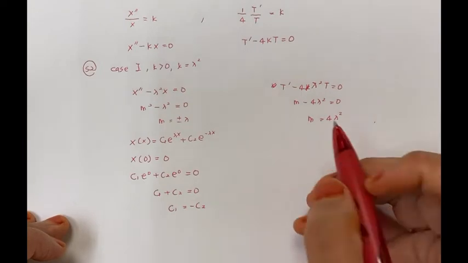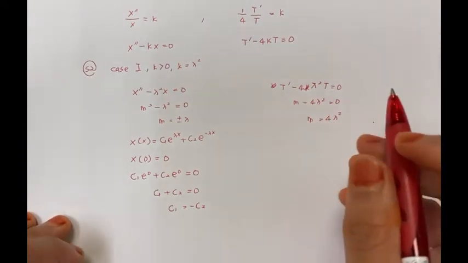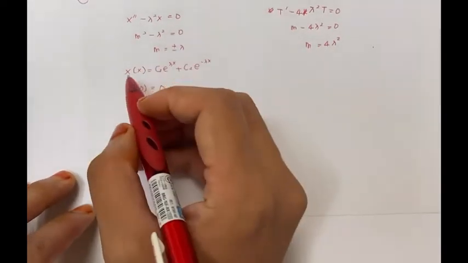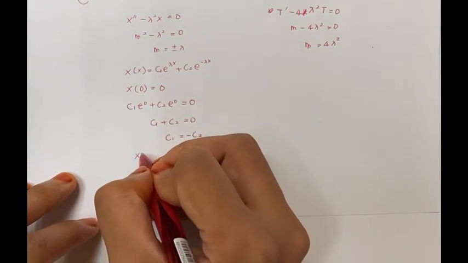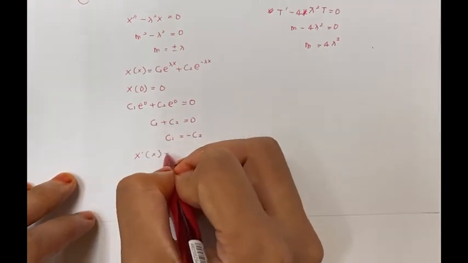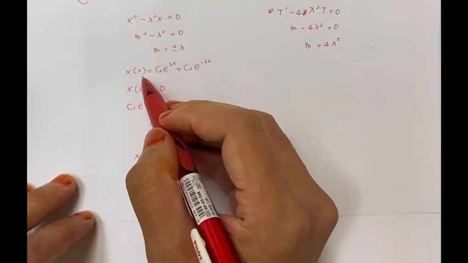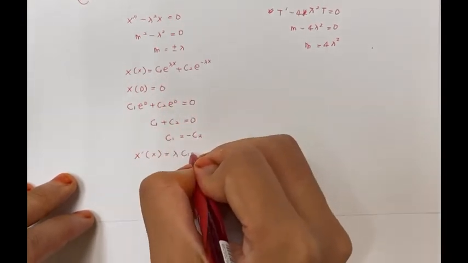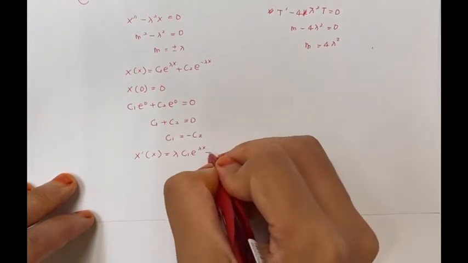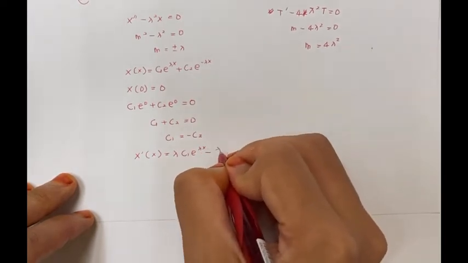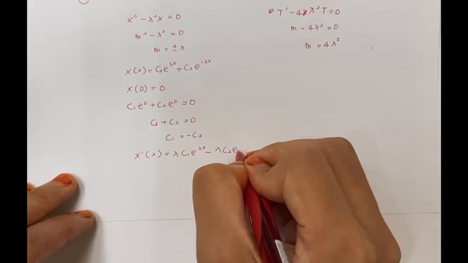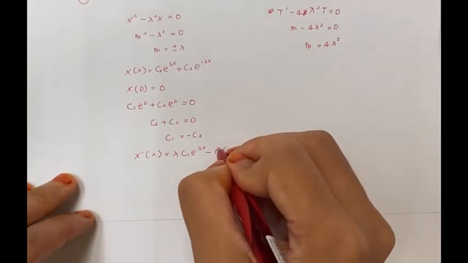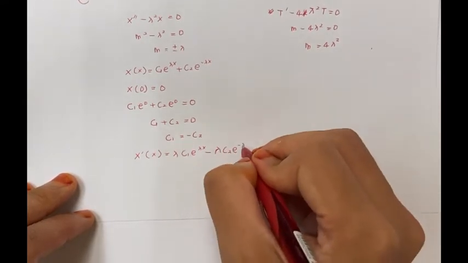For now we just ignore T, for the moment just focus on X. Find what X prime is from this X. Differentiate this: you have lambda C1 e to the lambda x minus lambda C2 e to the negative lambda x.